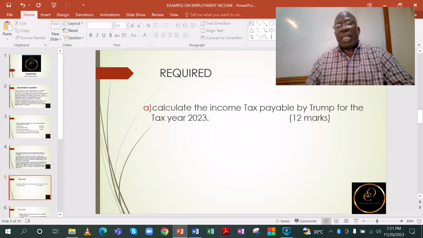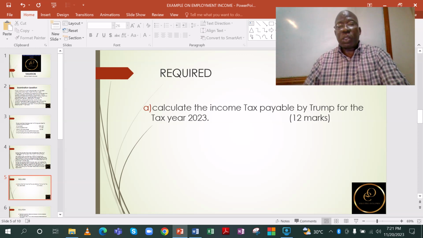Emoluments are a collection of salary together with allowances. So that serves as income arising from Mr. Trump holding office in this particular company. So we need to identify that.